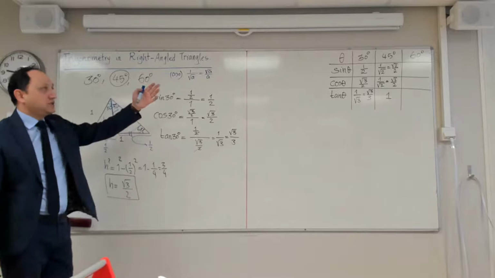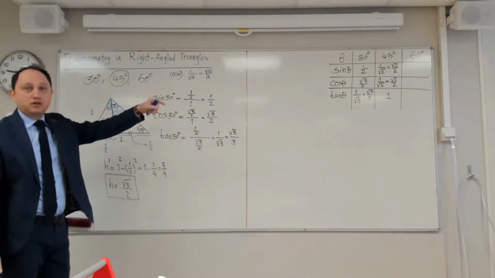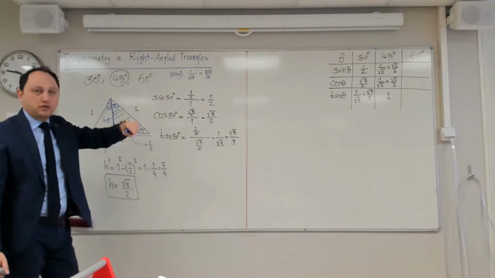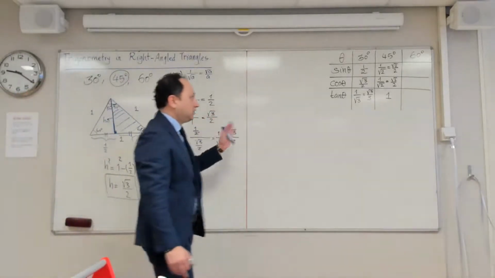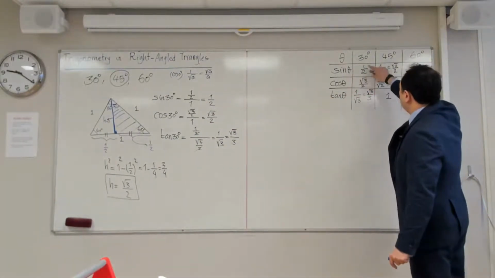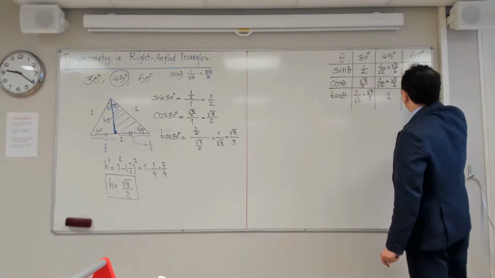But let us use that complementary angle formula. 30 degrees and 60 degrees are complementary. So sine of one of them is equal to the cosine of the other one and vice versa. So this means that if sine of 30 is 1/2, cosine of 60 is also 1/2.